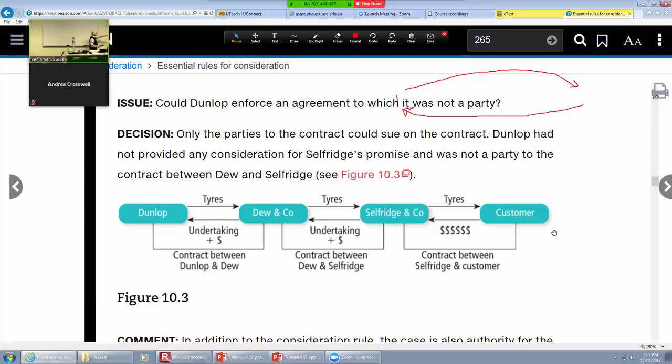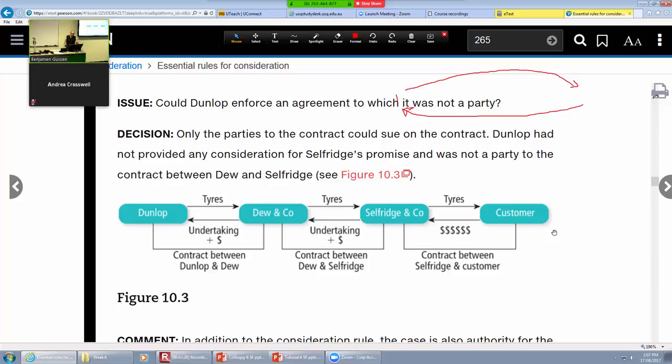But as you can see, we're saying that the contract that was broken or breached was based on this undertaking. And this is only between Selfridge and Dew. This guy has nothing to do with it. So how come they want now to come and sue on breach of contract? Okay? So only the parties to the contract could sue on the contract.